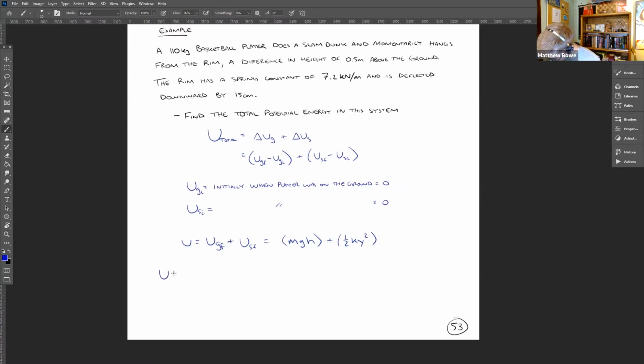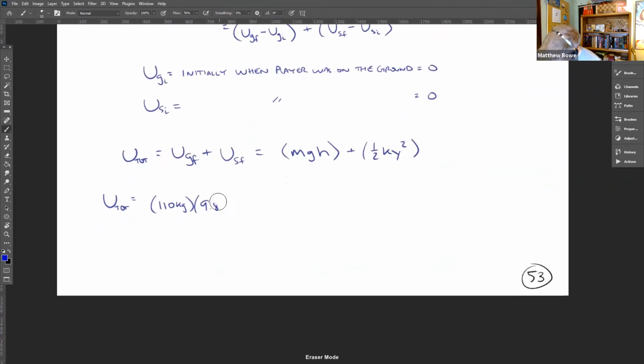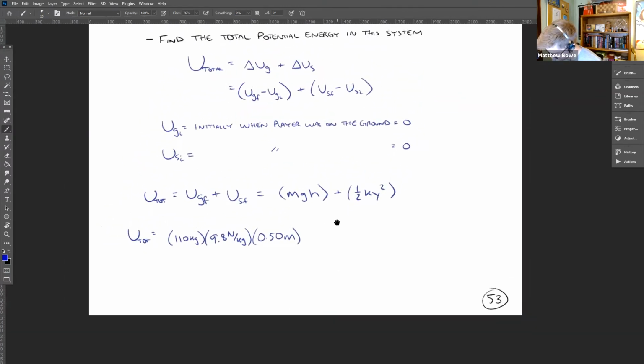So I should be putting a total over here, equals, let me zoom in so I can write clearly. Newtons per kilogram. This is 0.50 meters.